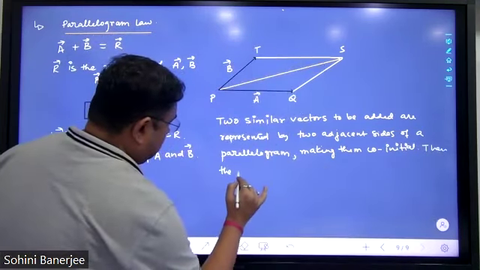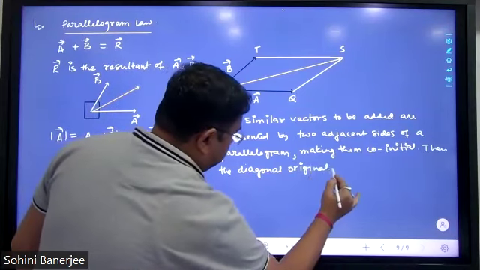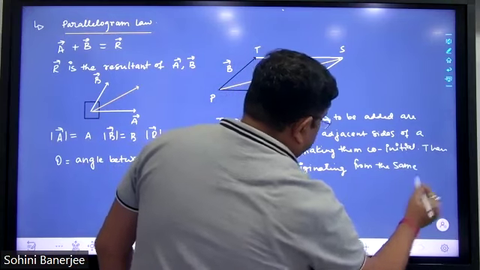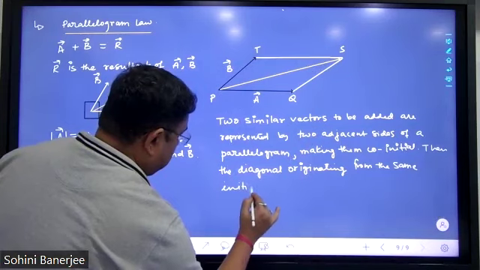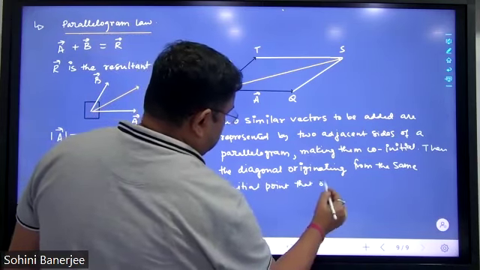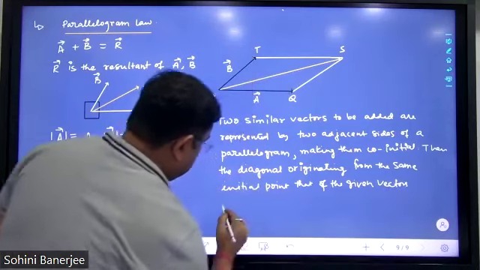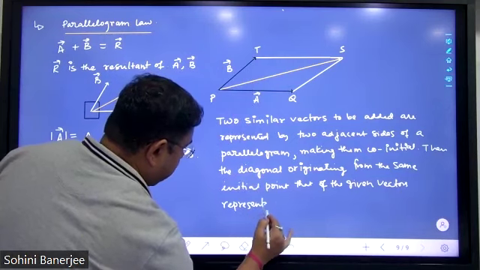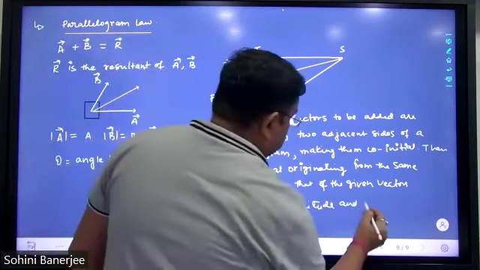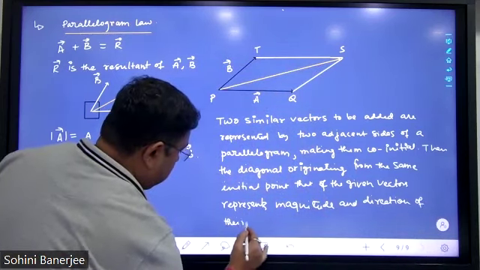Then the diagonal originating from the same initial point of the given vectors represents the magnitude and direction of their resultant.